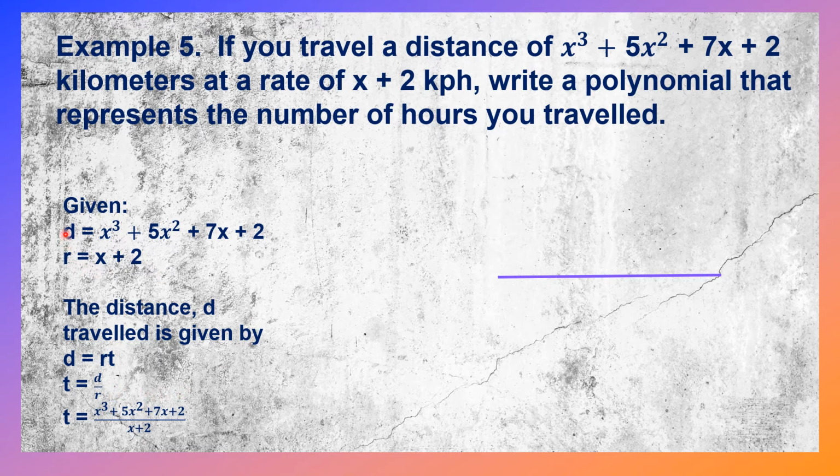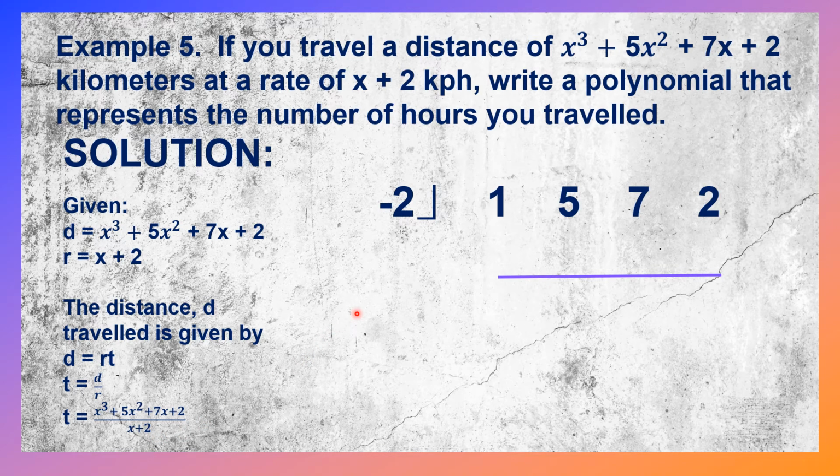Substituting the values of our distance and rate, we have t equals x cubed plus 5x squared plus 7x plus 2 over x plus 2. So using synthetic division, our divisor is negative 2. Why? Because if we equate x plus 2 to 0, our x is equal to negative 2.